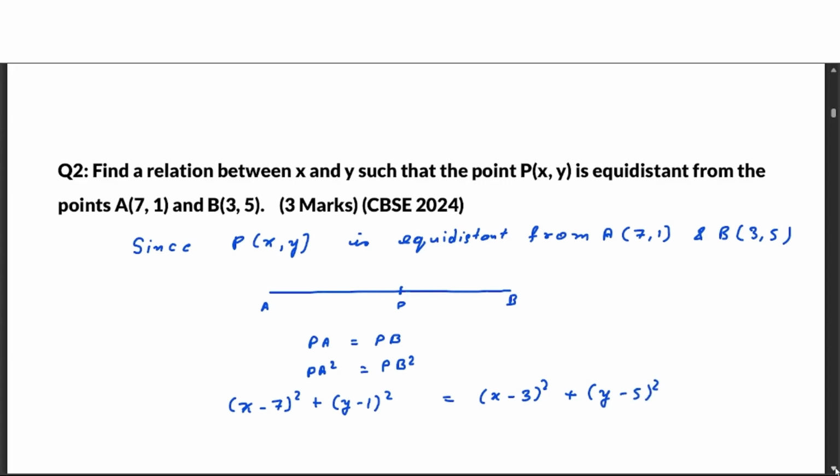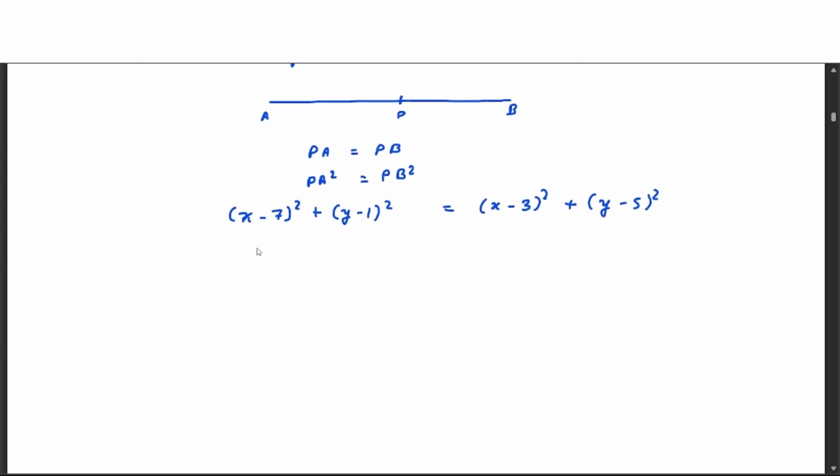Okay, so hope you got this one. Now you can solve this square. Based on (a minus b) whole square, on this side you will get x square plus 49 minus 14x. Same with y minus 1, you will get y square plus 1 minus 2y.